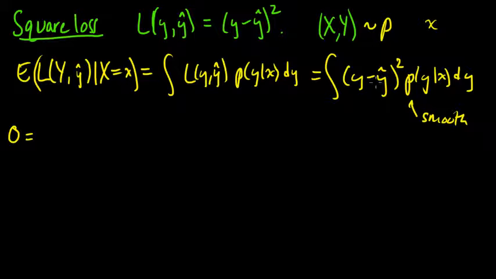In calculus, when we want to minimize something, the standard trick is you differentiate and set the derivative equal to 0. And here we want to minimize with respect to y hat. So we're going to differentiate this thing with respect to y hat.